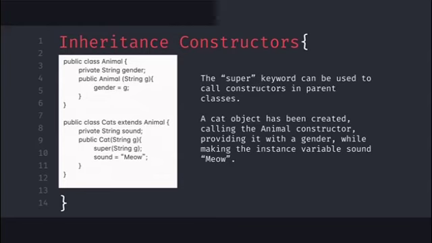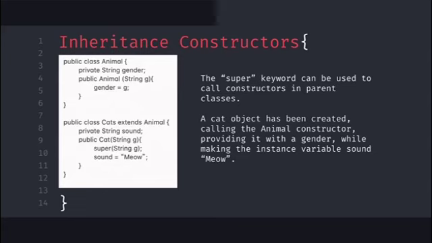However, the subclass Cat, although it only contains one string g, when the constructor is called, it will activate the super keyword, which calls the constructor in class Animal, and specifically the one with only one parameter string g, to set gender equal to g, and also setting the instance variable sound to meow.